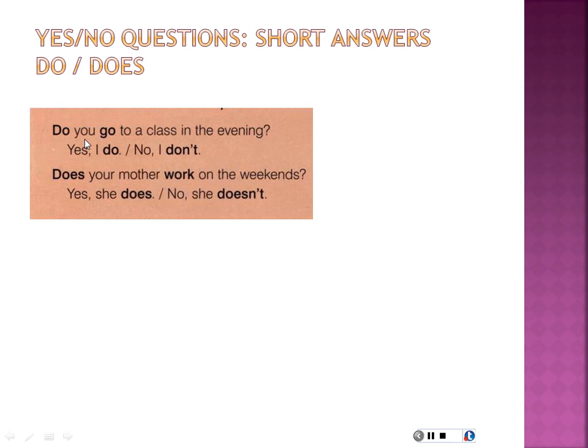Do you? So I'm talking, so I'm answering. السؤال موجه لي فأنا أجاوب ب I. Do you go to a class in the evening? So yes, I do. No, I don't. So in the case of yes, we use the same auxiliary verb, الفعل المساعد ذاته سواء كان do or does. So yes, I do, or no, I don't.